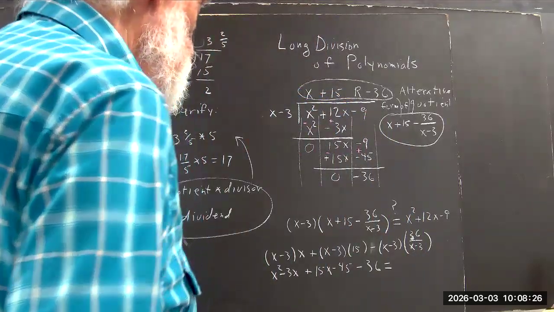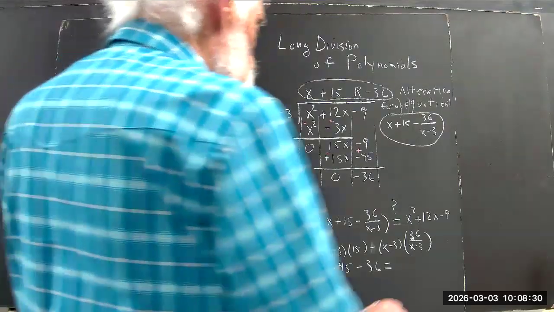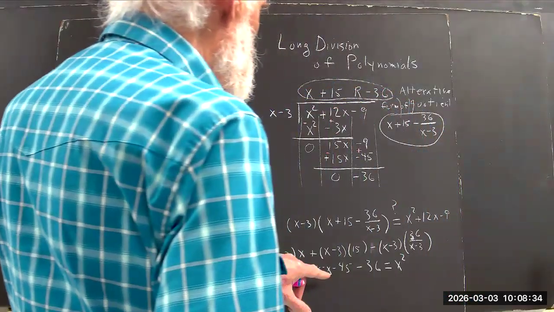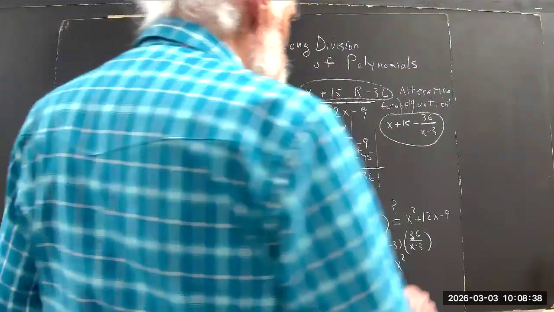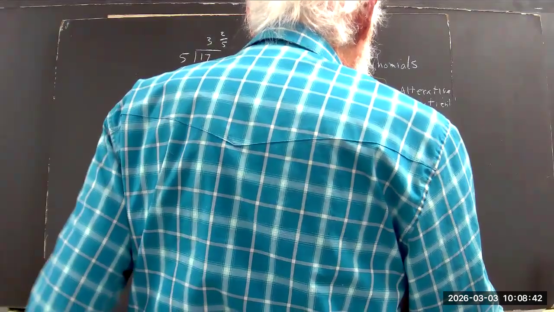And this finally then equals, we only have one x squared, so we're going to write x squared. And we have a negative 3x and a 15x, which gives us plus 12x.